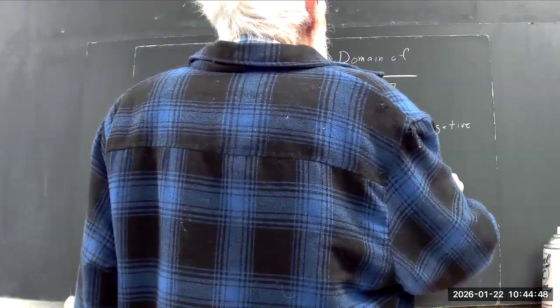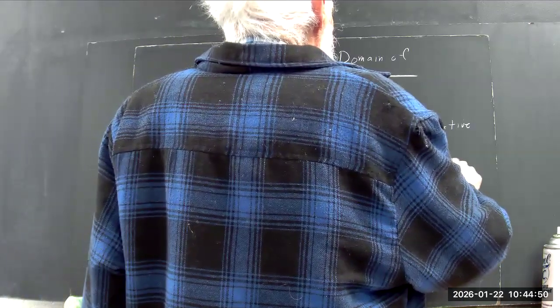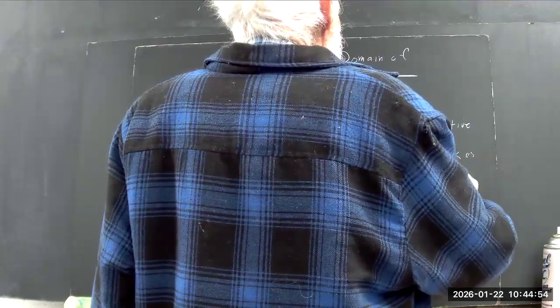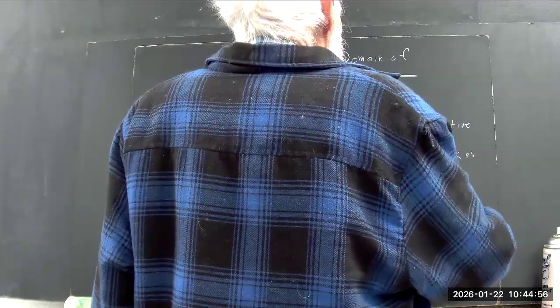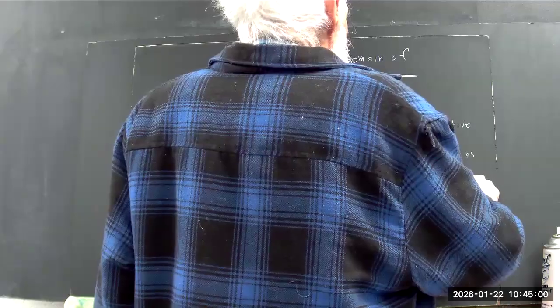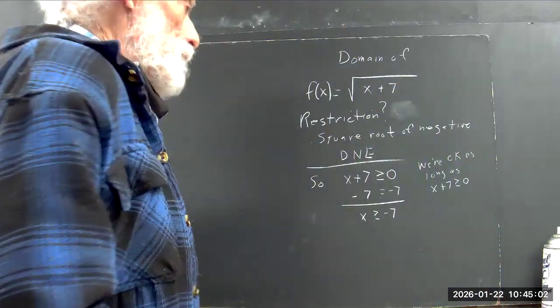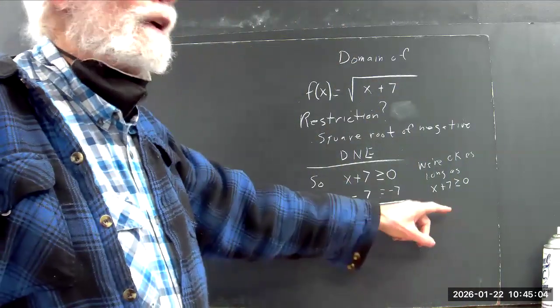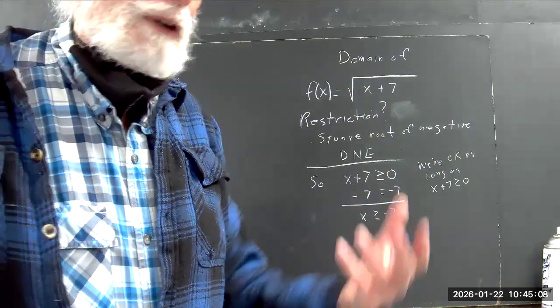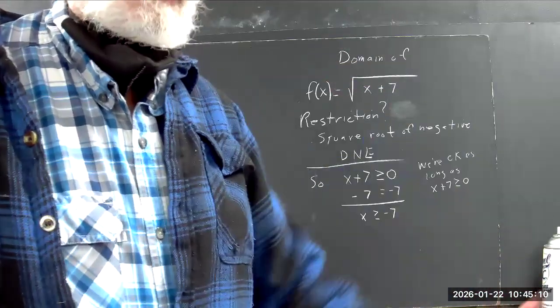So what this inequality says is we're okay as long as x plus 7 is greater than or equal to 0, because if it's greater than or equal to 0, it's not negative. Anything greater than or equal to 0 is not negative.